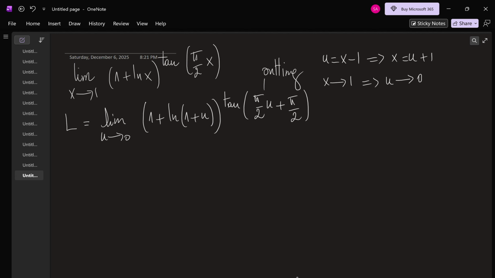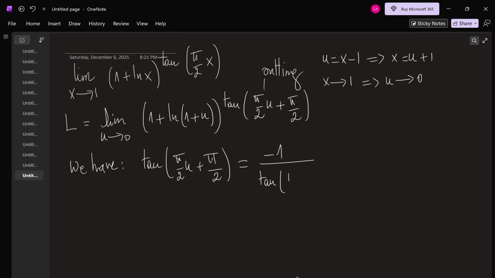Now we have the tangent of pi over 2 u plus pi over 2 is simply equal to minus 1 over tangent of pi over 2 u.